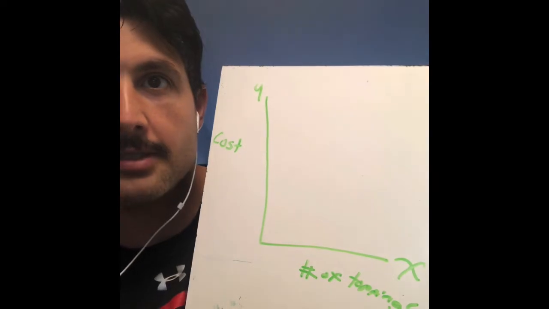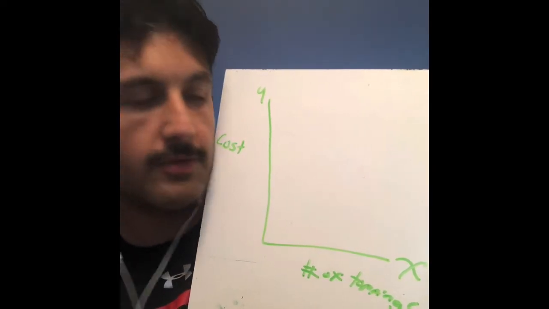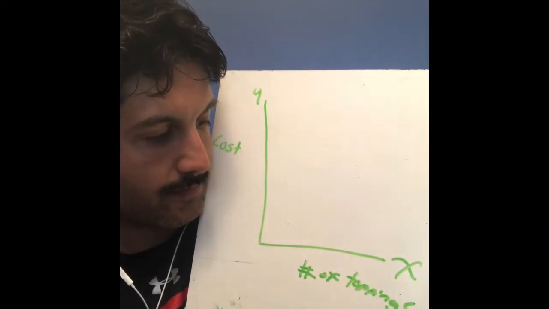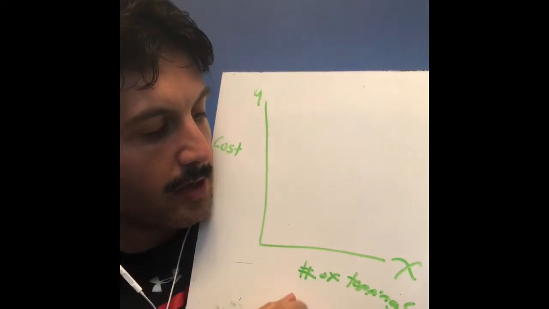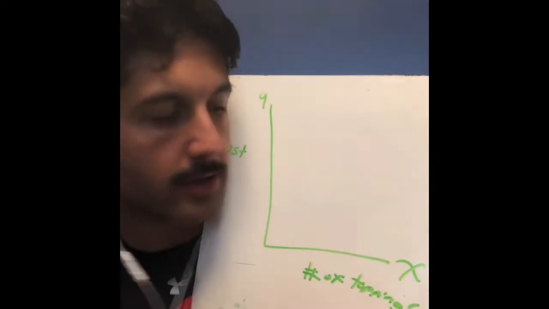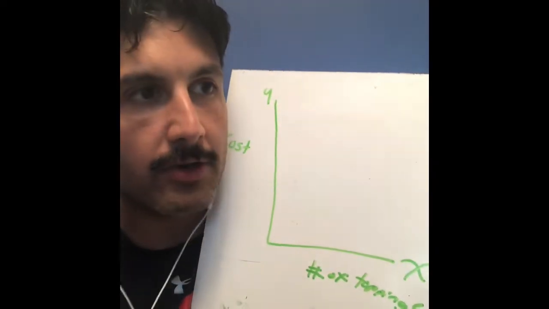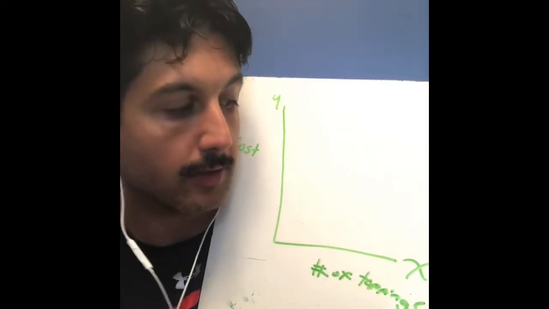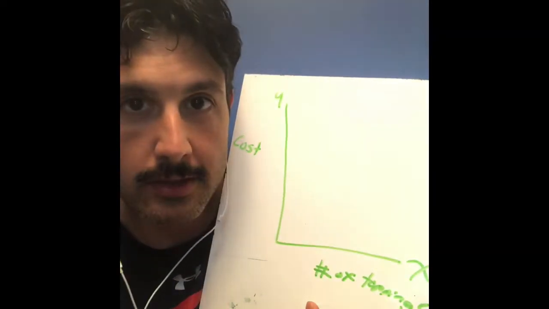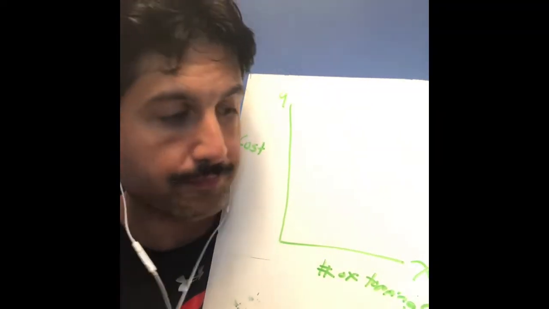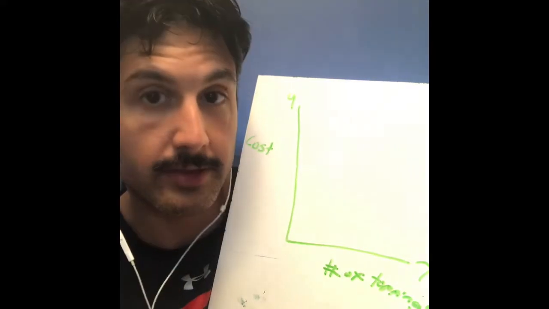If you had to further define them, number of toppings is always going to be a whole number. You can have one topping or two toppings. I've never heard of anybody ordering half a topping. So number of toppings is a whole number, which makes it discrete.